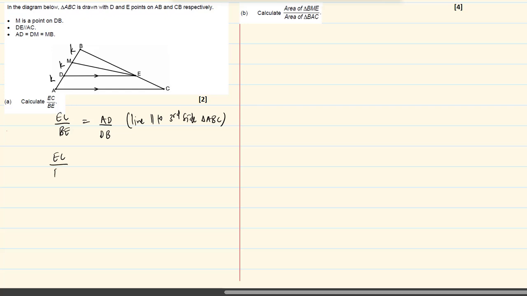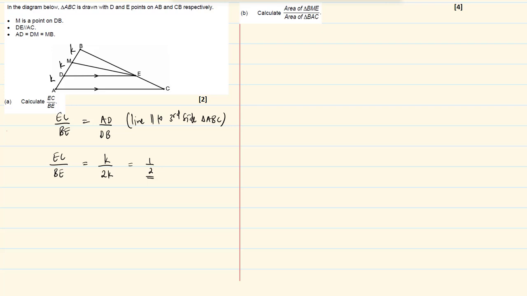So EC over BE is going to be equal to AD over DB. AD is just 1 K unit, and DB has 2 of those K units, so it's divided by 2K. So EC over BC is just equal to 1 over 2.